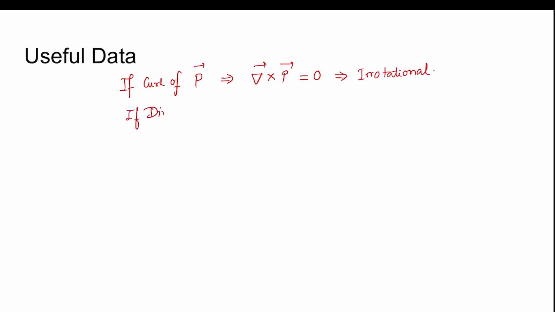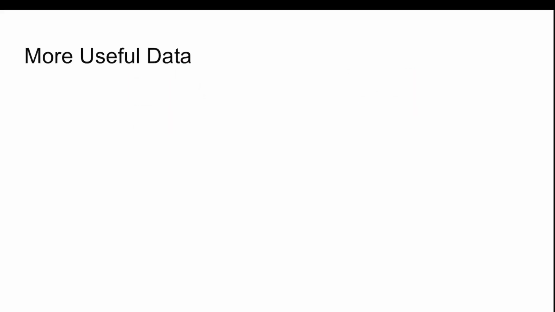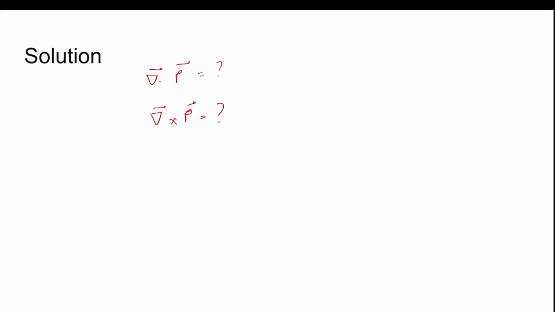If the divergence of vector field P, which is the dot product, is equal to 0, it says it is solenoidal, that is, it has no divergent property. Now knowing this, the only thing you need to do with this problem is to find the divergence and curl of this vector field that is given in the question.